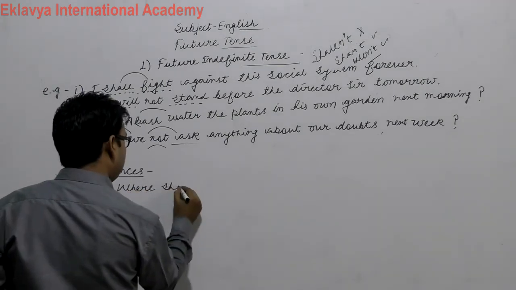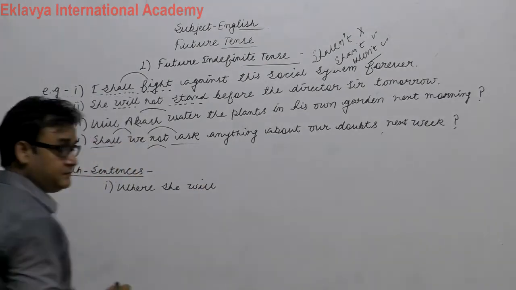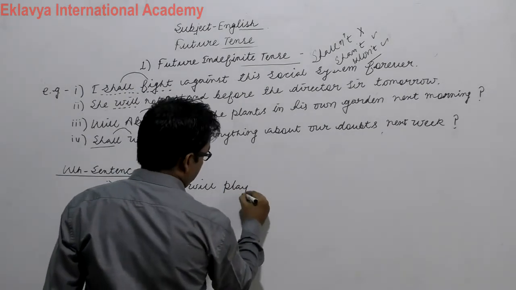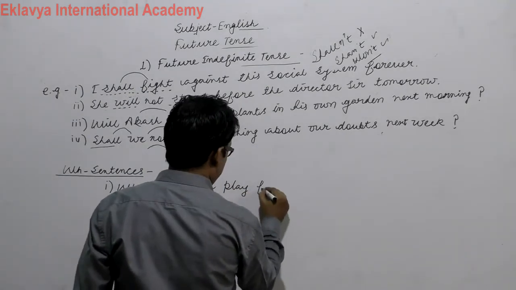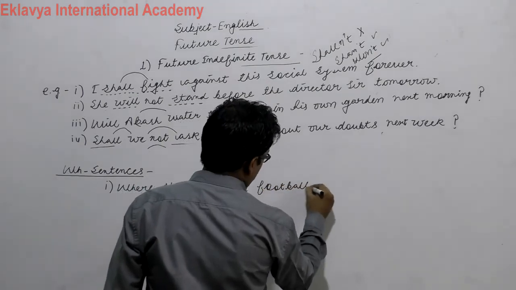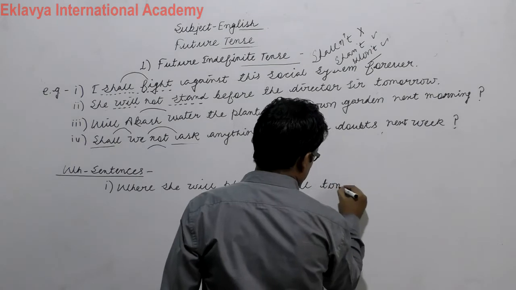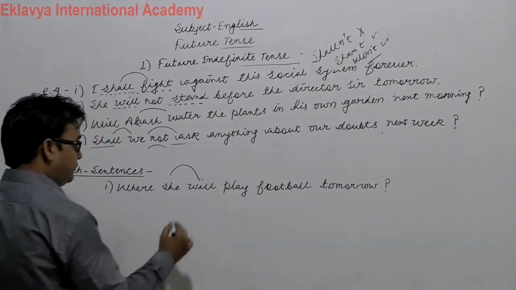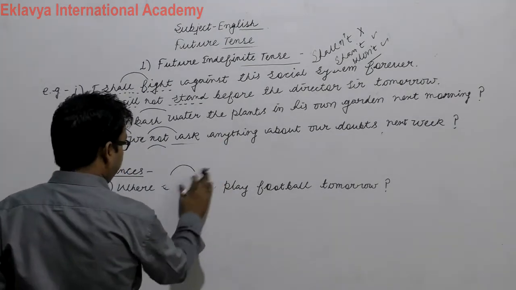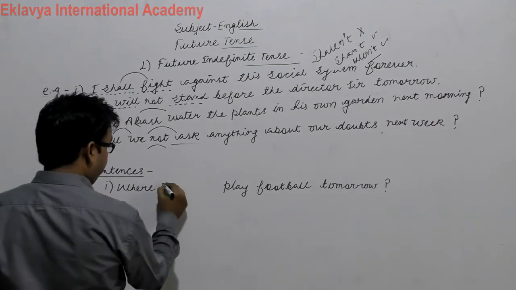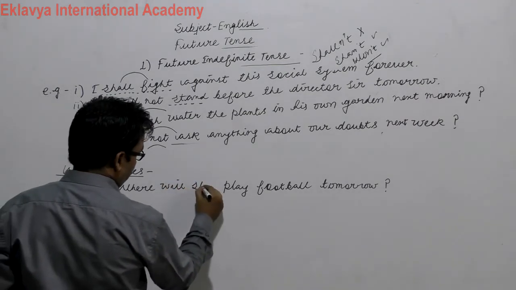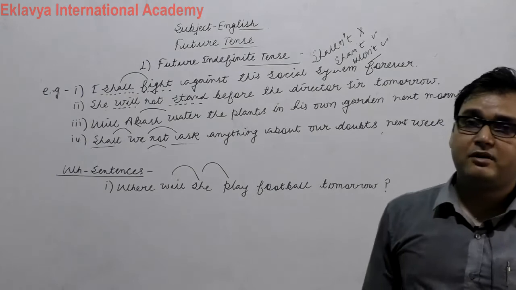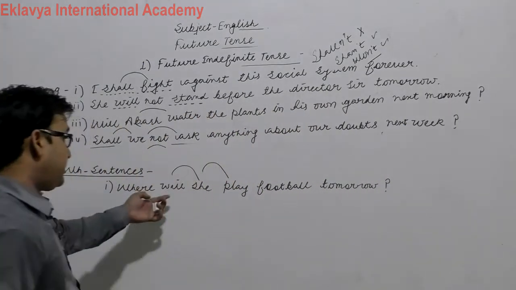Where will she play football tomorrow? Basically the helping verb should be before your subject. Where will she play? Because I mentioned that we use the helping verb before the subject in interrogative sentences. So that's why will should come before your subject.